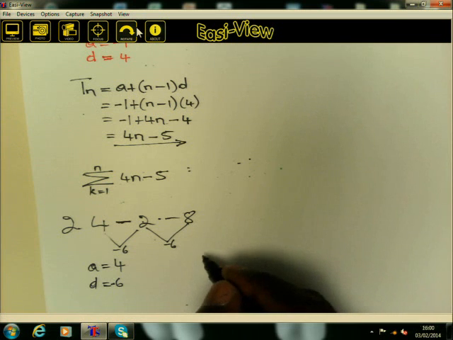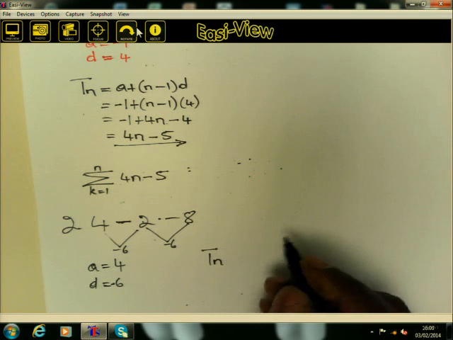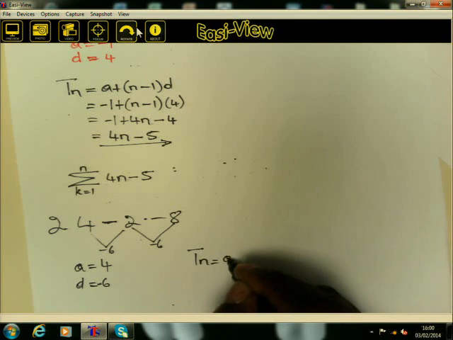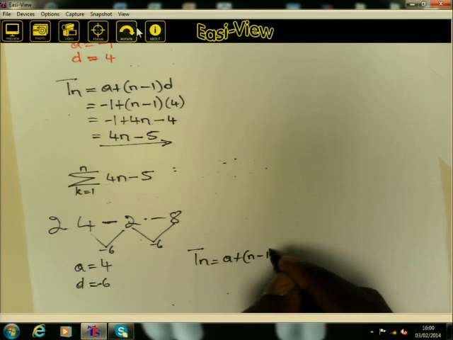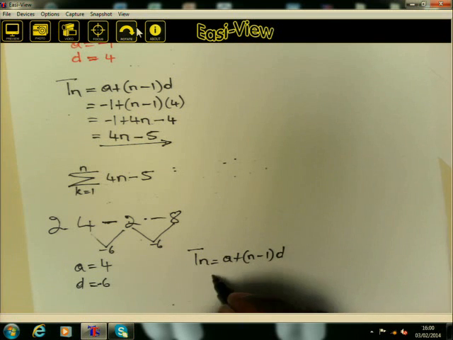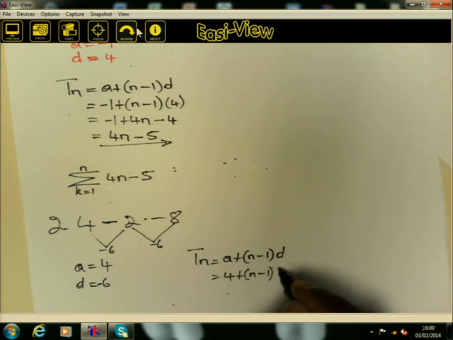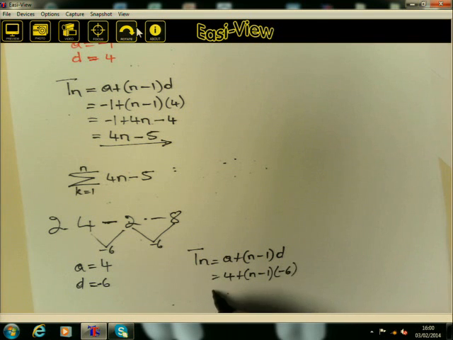So we can get our general term. Tn is given by a plus n minus 1 times d. Substitute, a is 4 plus n minus 1 multiplied by negative 6.